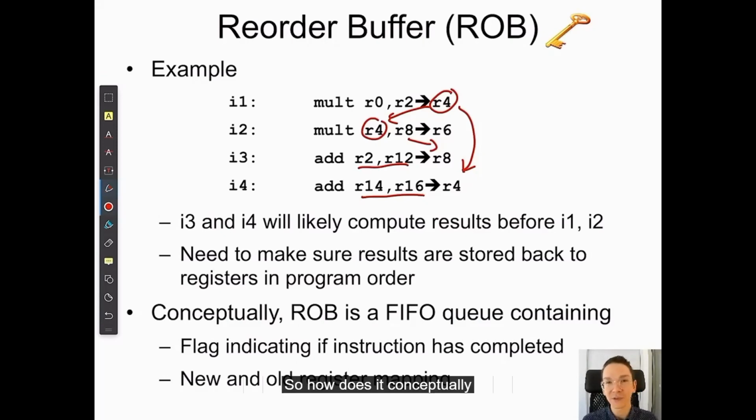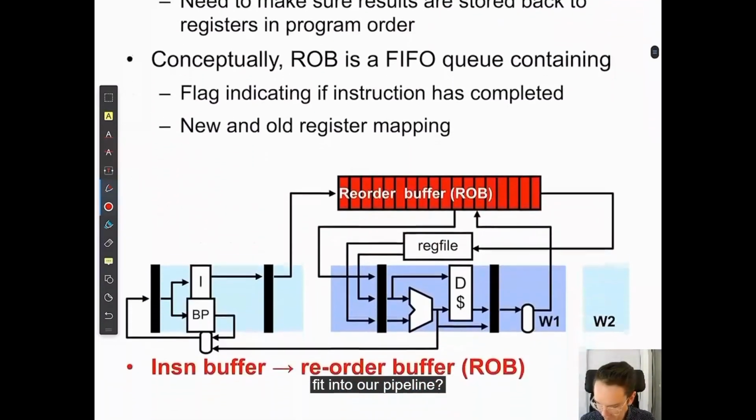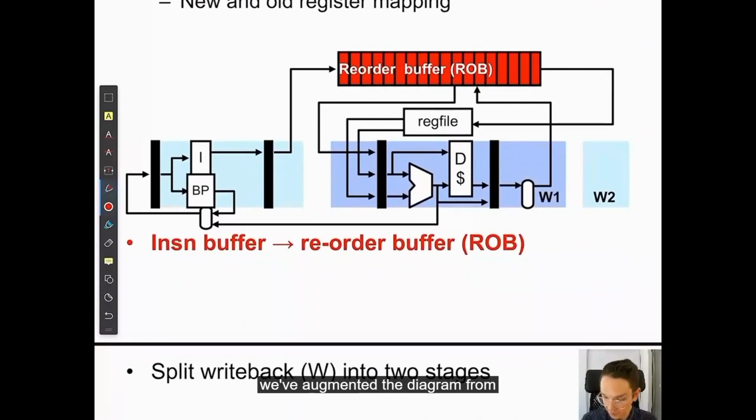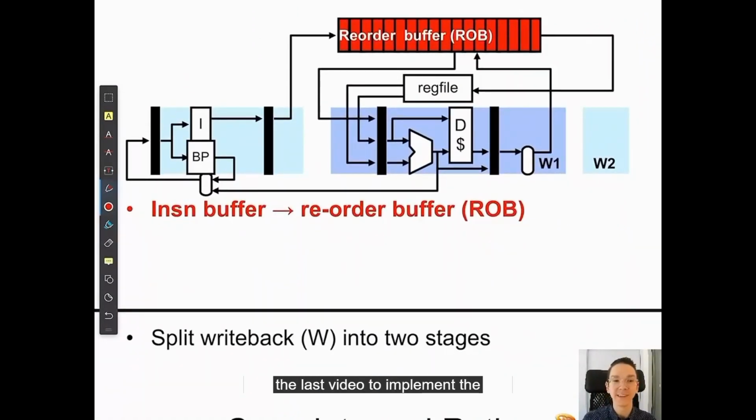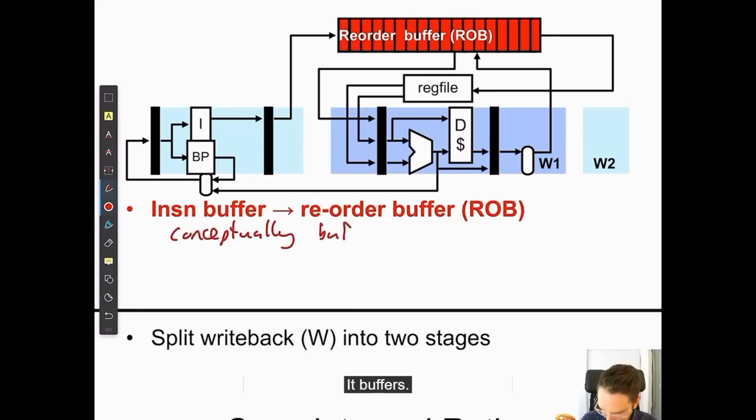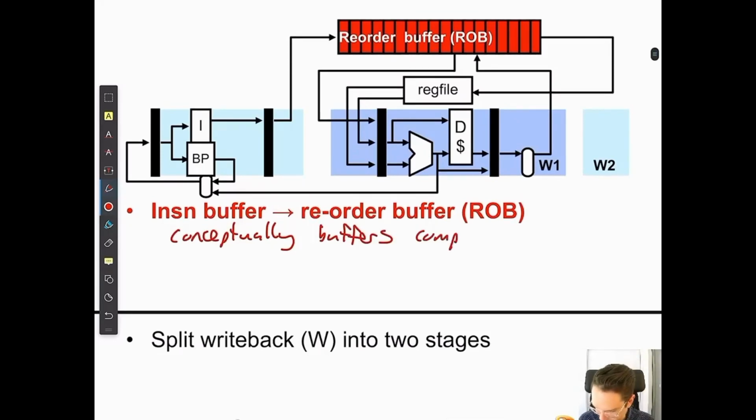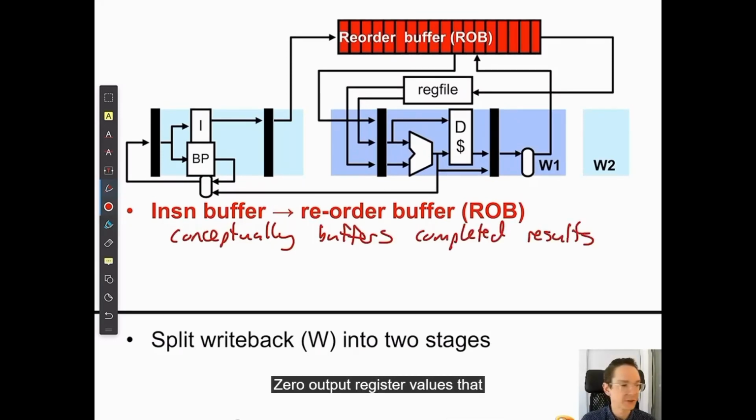So how does it conceptually fit into our pipeline? Well, we've augmented the diagram from the last video to implement the instruction buffer or instruction window with the reorder buffer. Conceptually, this structure, the ROB, buffers completed results, so output register values, that are en route to the register file.